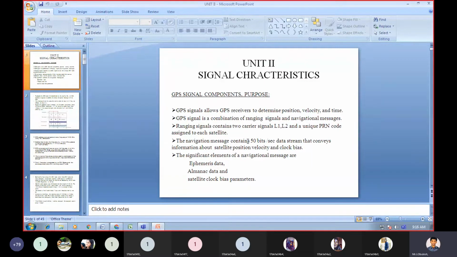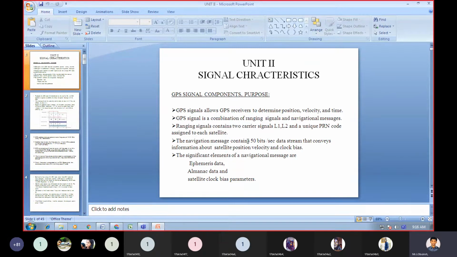In signal components and purpose, you need to see that GPS signals allow GPS receivers to determine position, velocity and time.